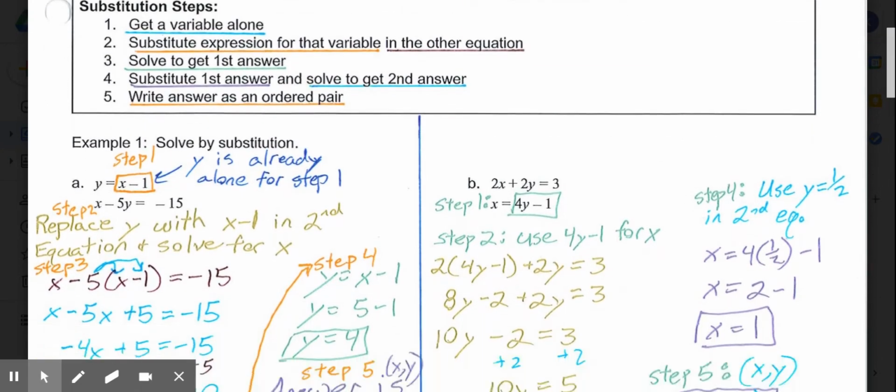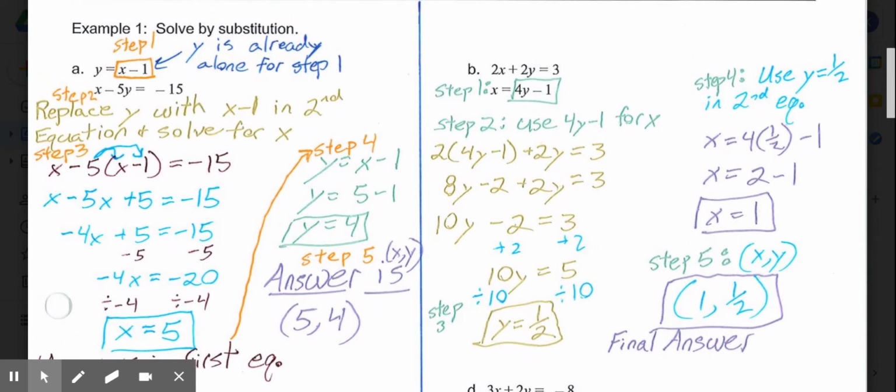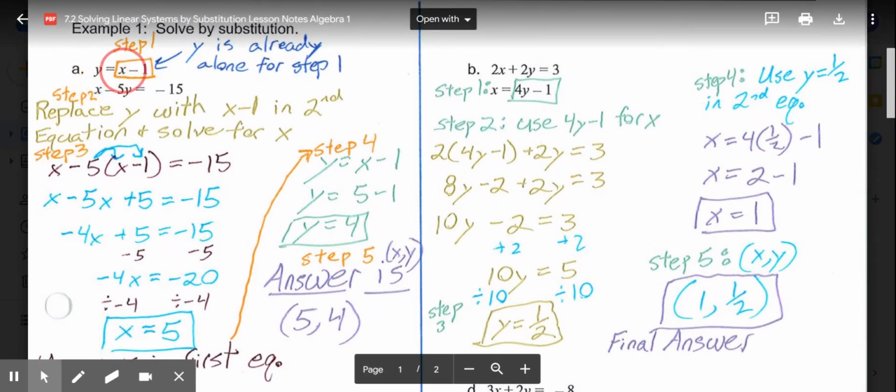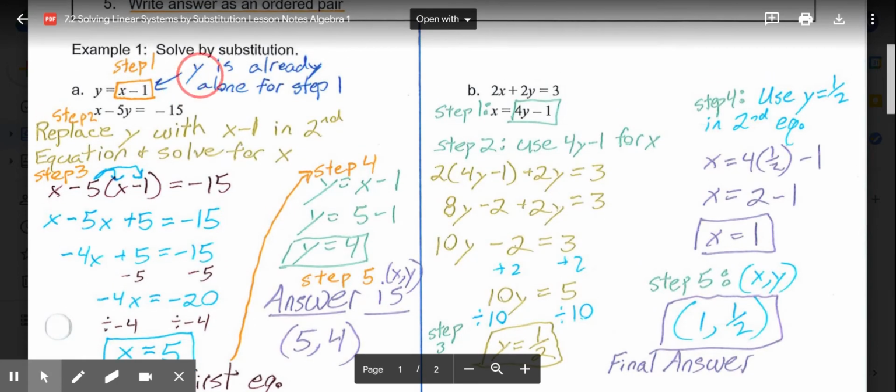So the first thing we want to do, looking at example A here, we want to realize that we have 2 equations, y equals x minus 1 and x minus 5y equals negative 15. So step 1 is already done for us. Y is already alone, so I know y is equal to x minus 1. So they are the same thing.